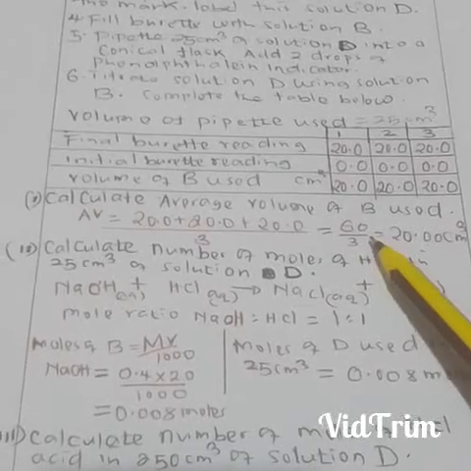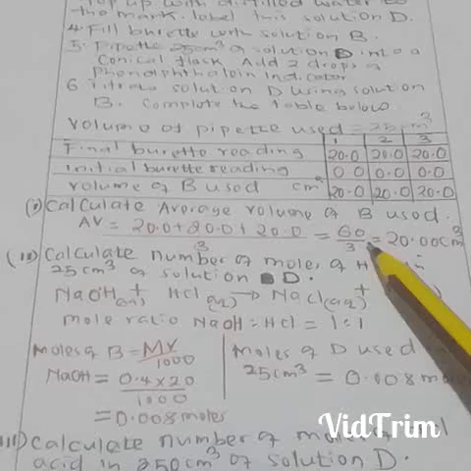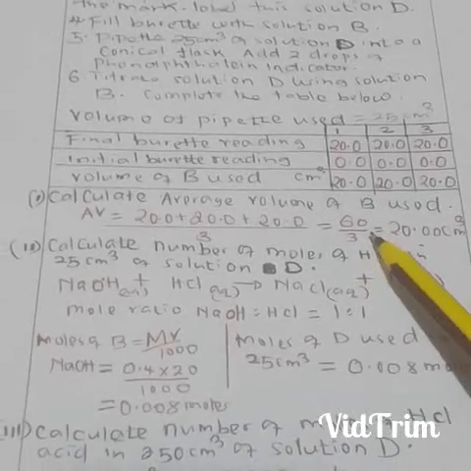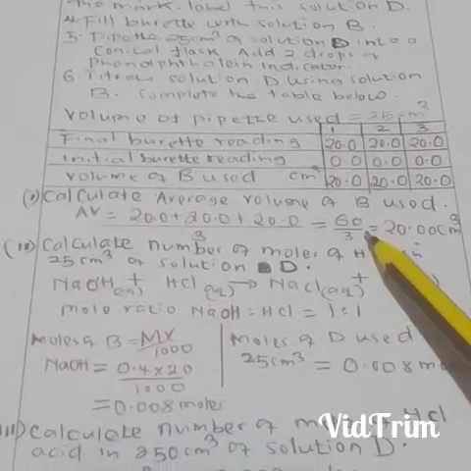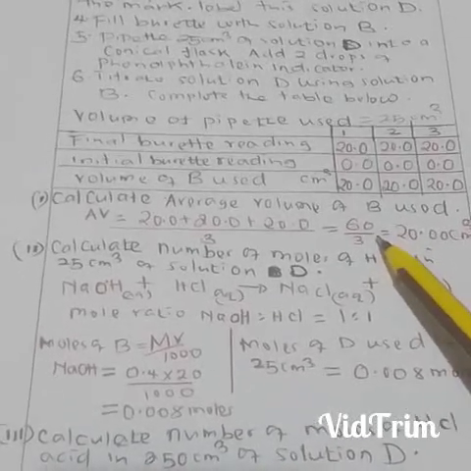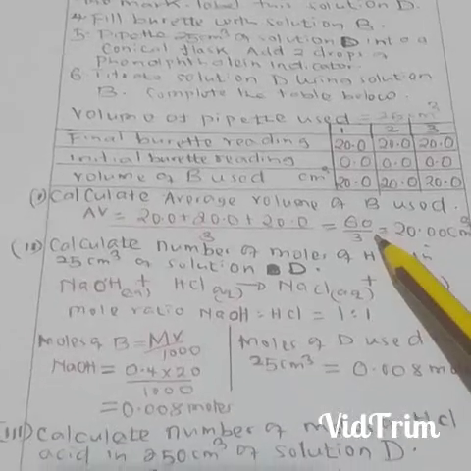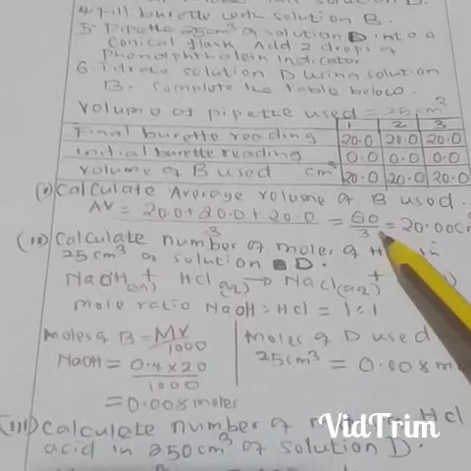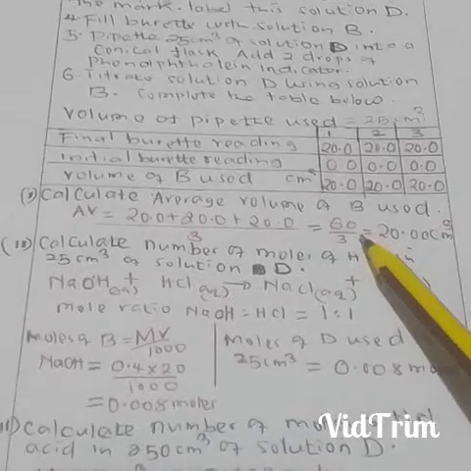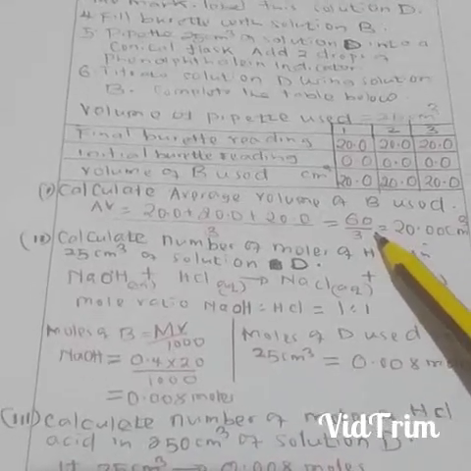At the end of this lesson, you will be able to carry out calculations on back titration. This is just a sample question and it is a dry titration where we don't carry out the real titration, but just to practice how to calculate and master your skills so that you score all the marks on calculation.